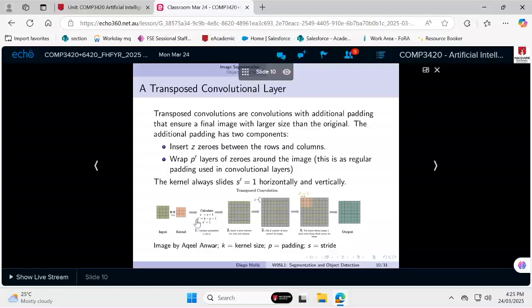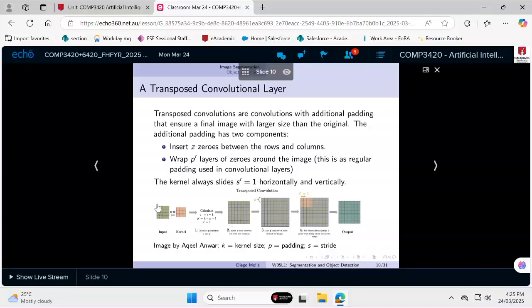And then calculate a new extra padding, P bar, applying this formula here: kernel minus padding minus 1. And this extra padding is going to be inserted between the rows and columns. And that's the key thing in these transpose convolutions. This extra padding is going to be inserted between rows and columns so that you can expand it even more.